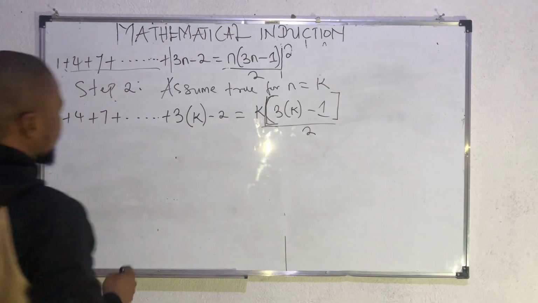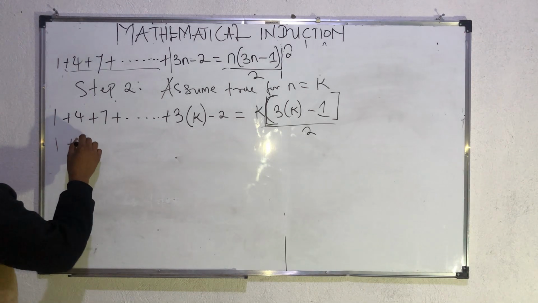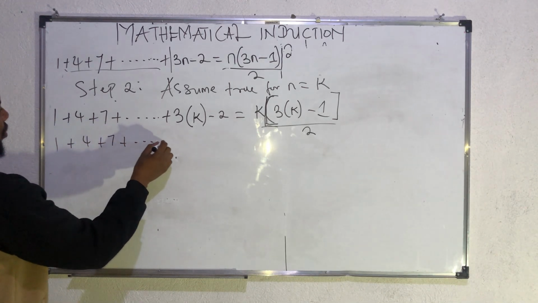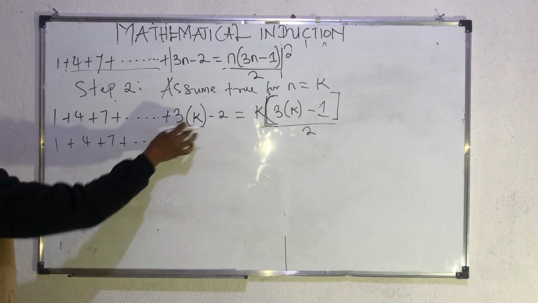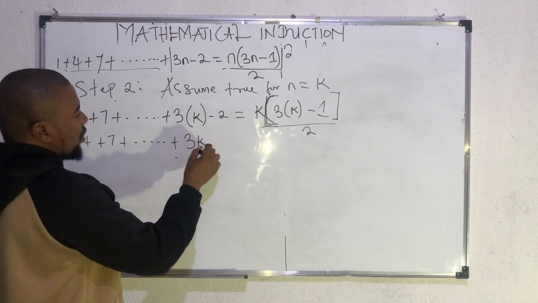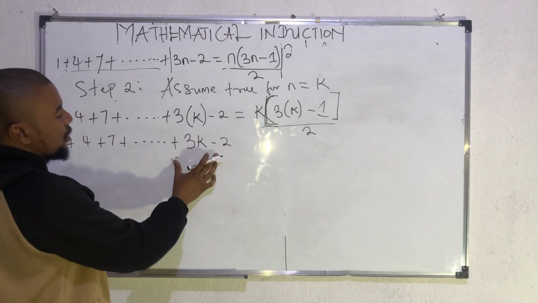Let's go ahead and simplify this part. We have 1 plus 4 plus 7 plus dot dot dot plus 3 multiplied by k will give us 3k minus 2. So this is the left part.